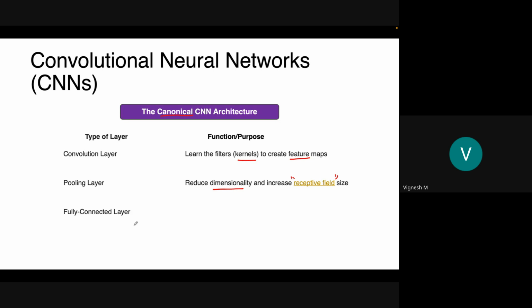And finally is what's called the fully connected layer. This we have looked at. We know that the fully connected layers are very good at prediction or classification, and they're pretty much similar to feed-forward networks.